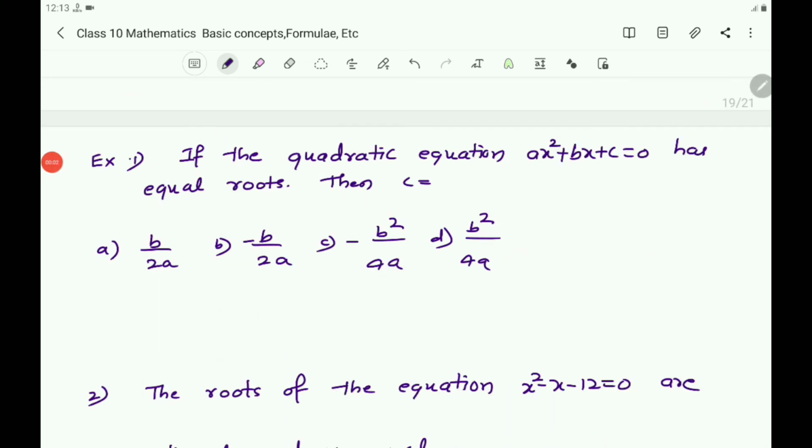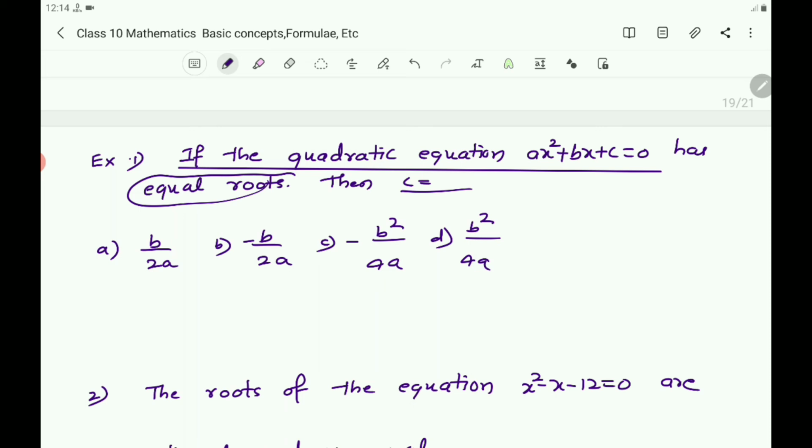Now let us take an example. If the quadratic equation ax square plus bx plus c equals 0 has equal roots, then c equals. Here you must know that if the quadratic equation has equal roots, then b square minus 4ac equals 0. Here you have to find c, so b square equals 4ac, then c equals b square by 4a.